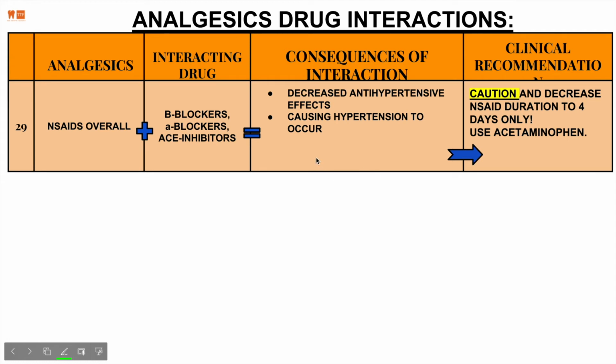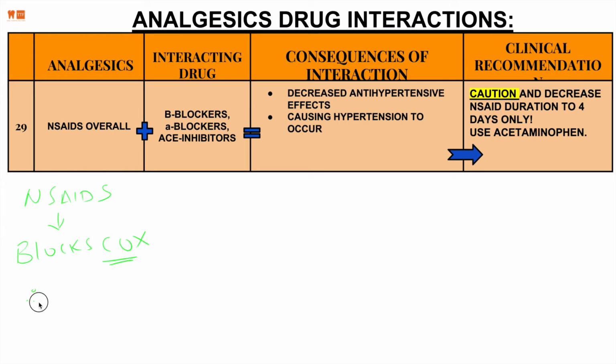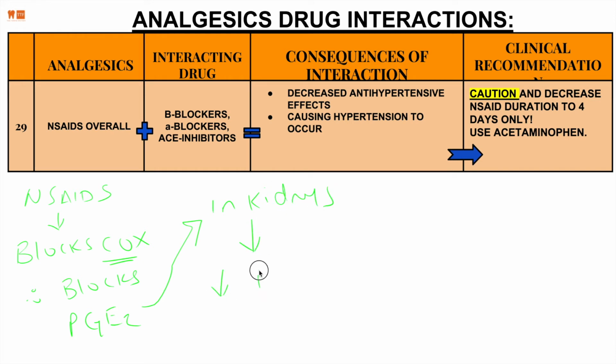Okay, so let's take a look at this concept. We know that all the NSAIDs block COX, therefore it blocks prostaglandin E2. Now when this is blocked in kidneys, it results in less function of kidneys, correct?